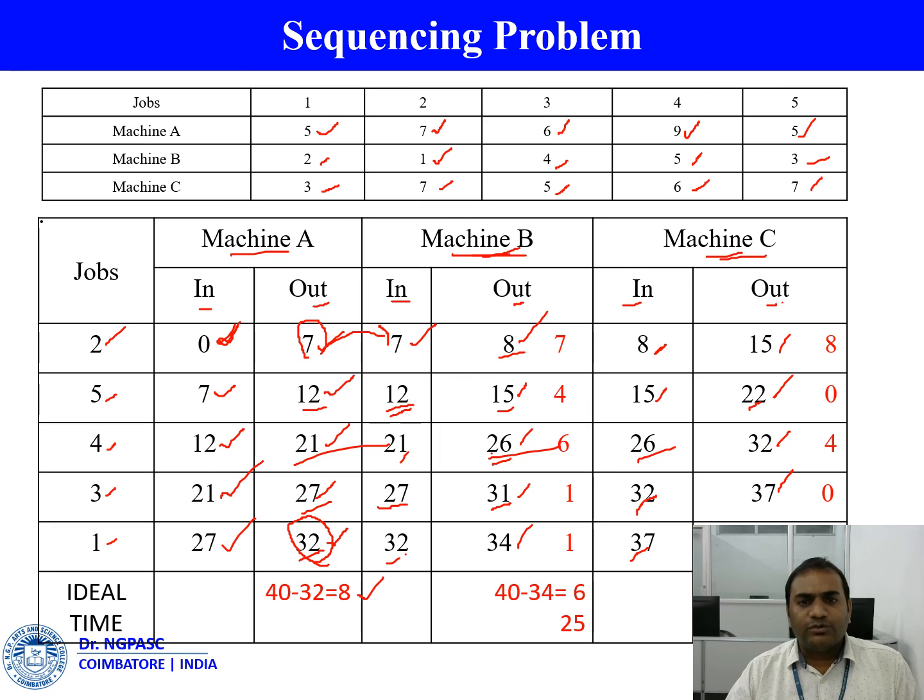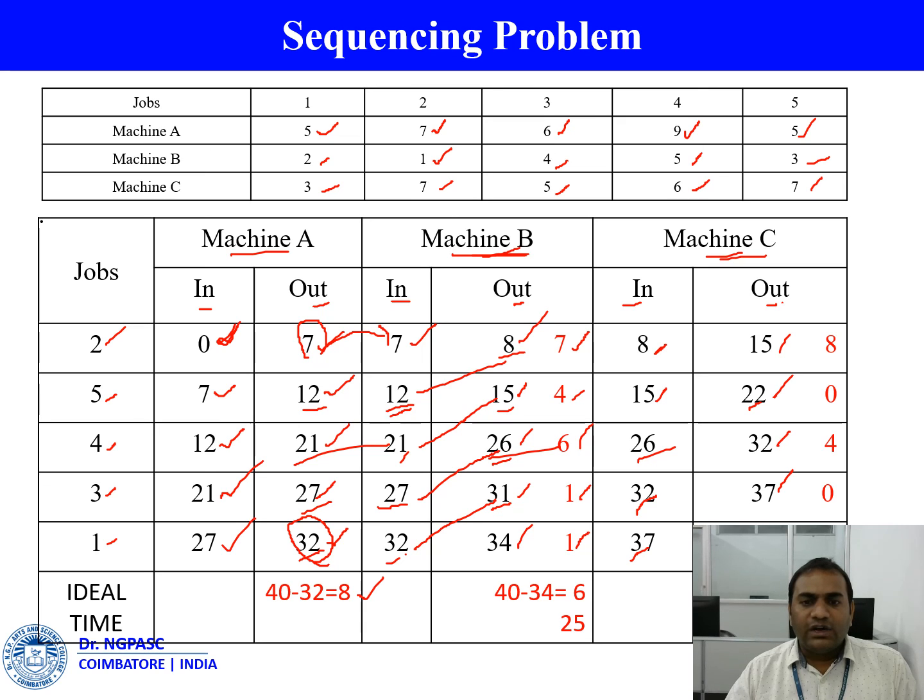The idle time for machine A is 8. Next, the idle time for machine B. First, in job 2 the idle time is 7. Next, 12 minus 8, the difference is 4. Then 21 minus 15 is 6. 27 minus 26 is 1. 32 minus 31 is 1.